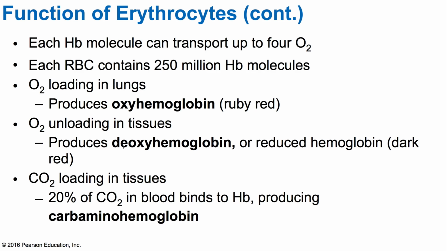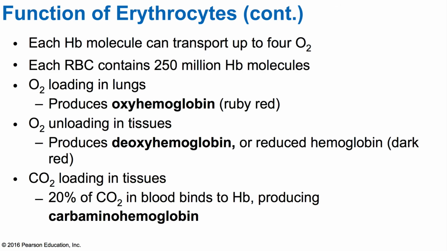Okay, so it's called deoxyhemoglobin when the oxygen is unloaded from the hemoglobin. And what happens is the appearance changes again. Now it has this dark red, dull red color. So in other words, you're looking at deoxygenated blood that you're going to find within your veins.